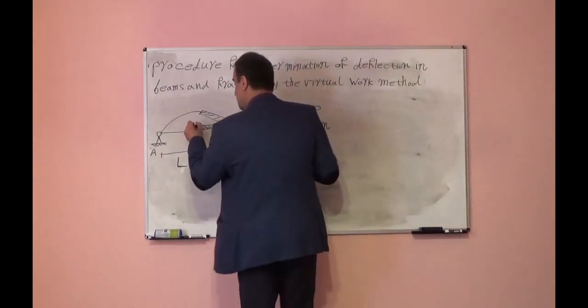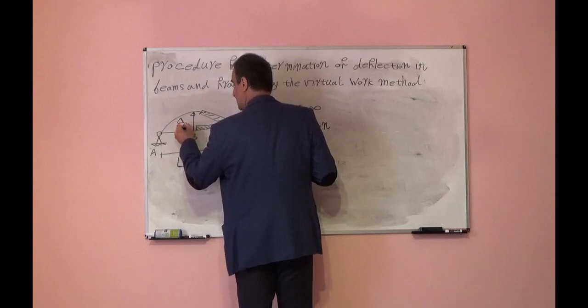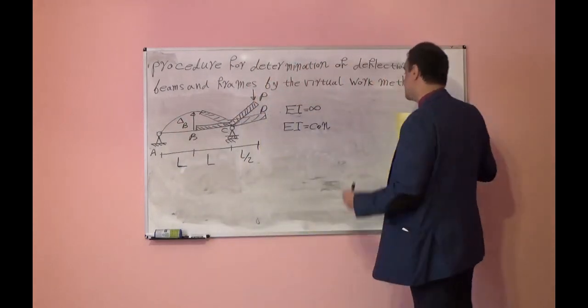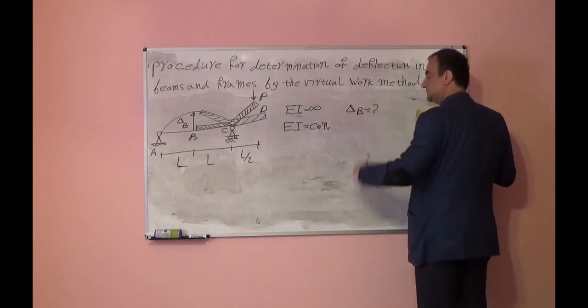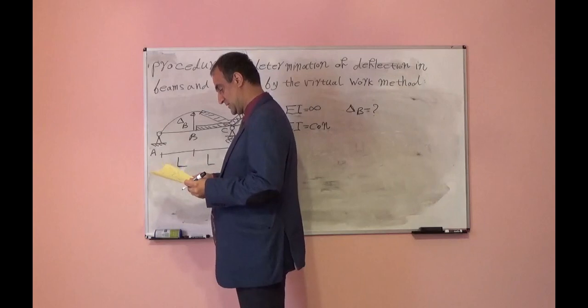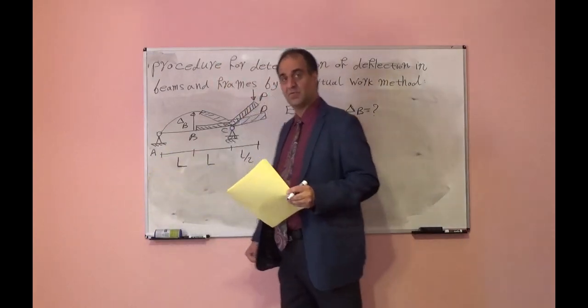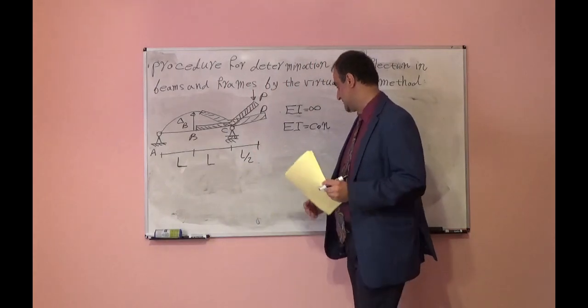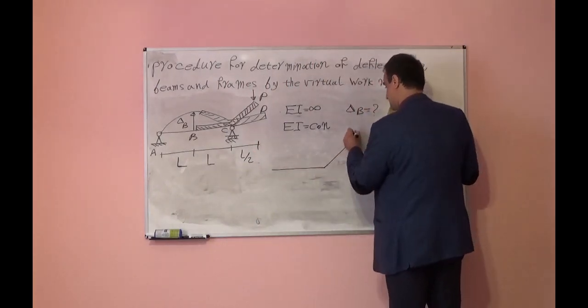So point B will go up, delta B. We want to find delta B. How will we find delta B? First, we will draw the moment diagram for the real system. The real system is like this.